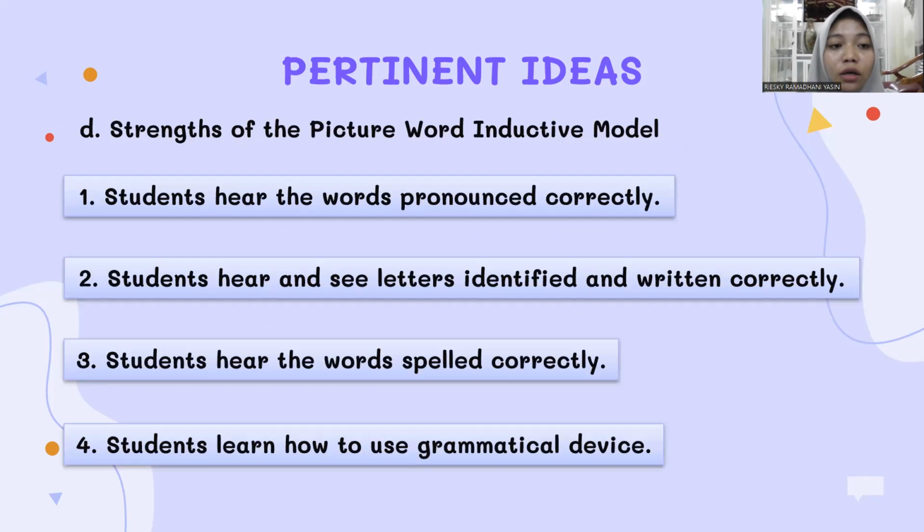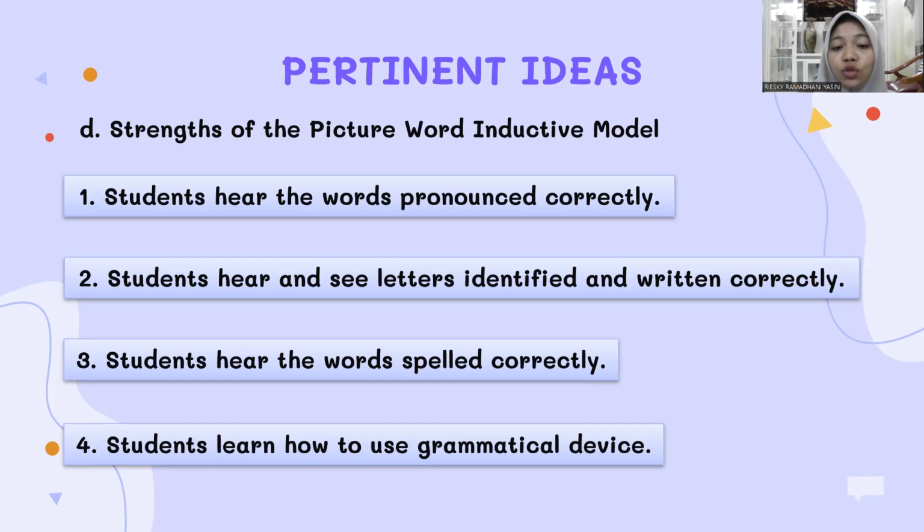Next is strengths of the picture word inductive model. According to Cohen, the picture word inductive model has many strengths. They are students hear the word pronounced correctly many times, and the picture word chart is an immediate reference as they add.